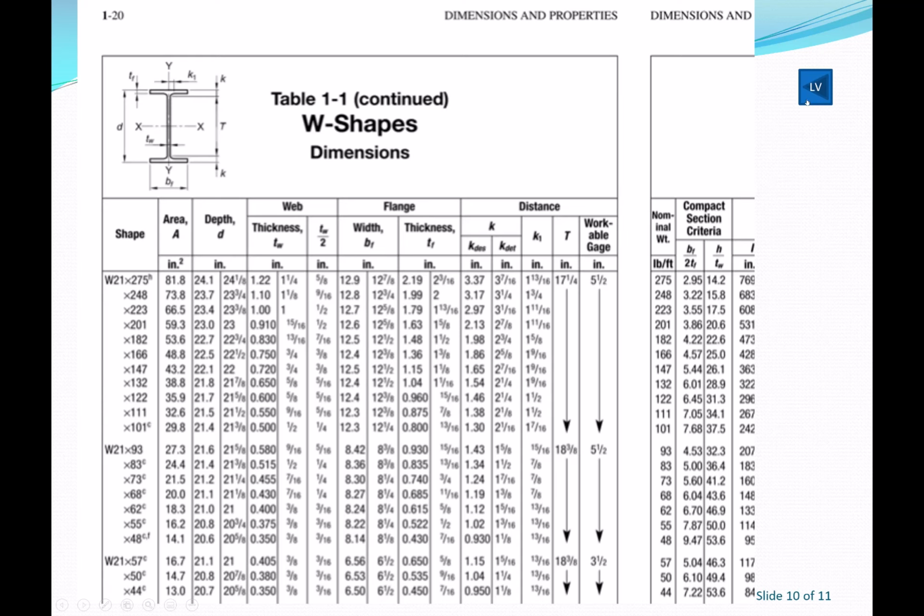Okay, so if we look at Table 1.1, here's the compact section criteria. So there's what I just wrote, b over 2t sub f and h over t sub w. We don't have to calculate them, but you need to understand how to calculate them for sure.